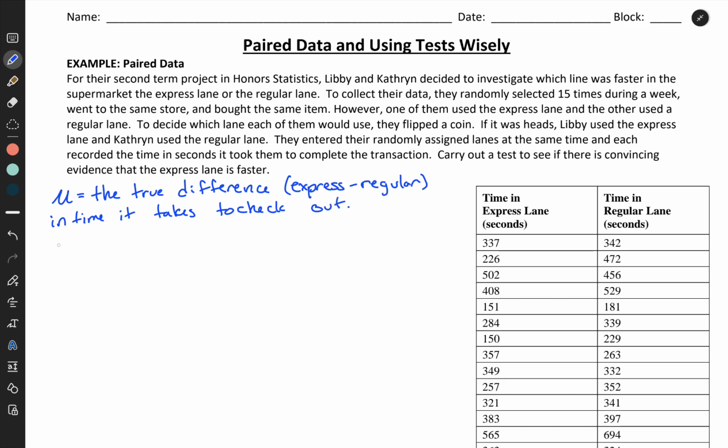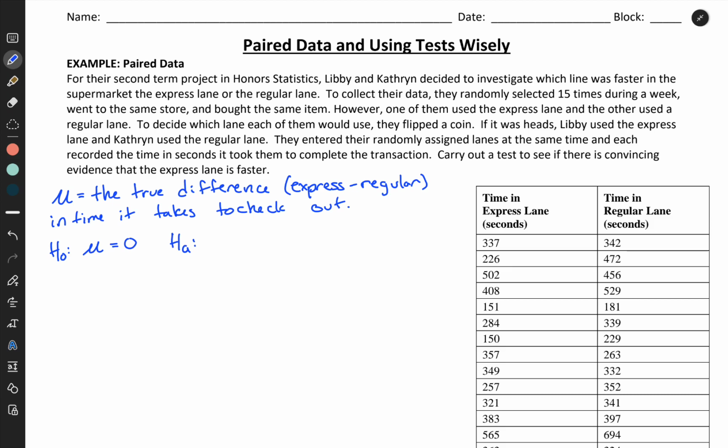So let's think about what our hypotheses are going to be. For our null hypothesis, we're going to say that there is no difference. In other words, that the mean difference is 0. Now, for our alternative hypothesis, if we're taking express minus regular, and what we expect to happen is for the express lane to be quicker, that means the express lane is going to have smaller times than the regular lane.